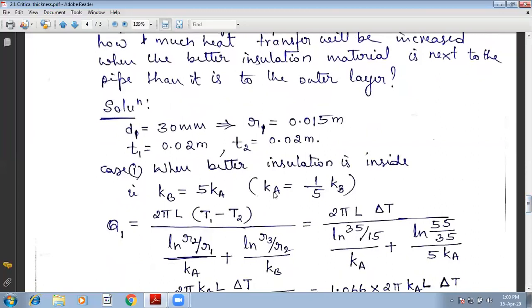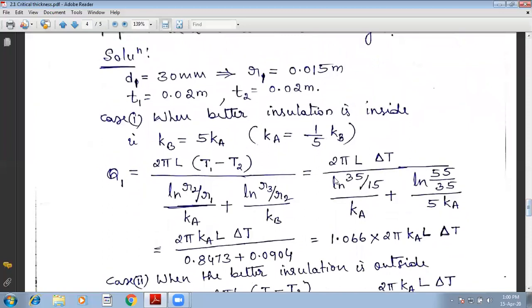We will be having two resistances. Both are conductive resistance only. We have neglected the convective resistance in both the cases. Now, Q is equals to delta T over resistance. Now we have two resistances. In case of cylinder, we know that conductive resistance is ln R2 by R1 divided by 2 pi K into L.